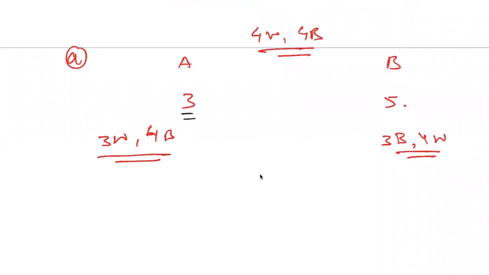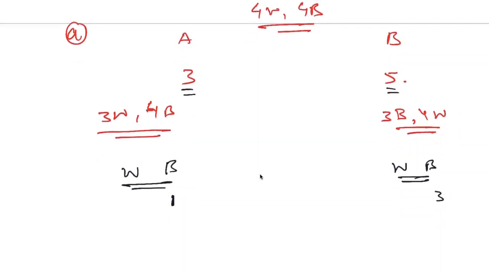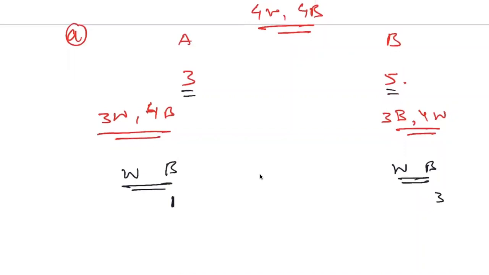So out of 3 and out of 5, we have to take out the balls as white and black. We know that at least one black ball we have to select from this, so 1 from this, so 3 from there. In this case also, we have to select 3 balls from this, so 100% we have to select 2 white.